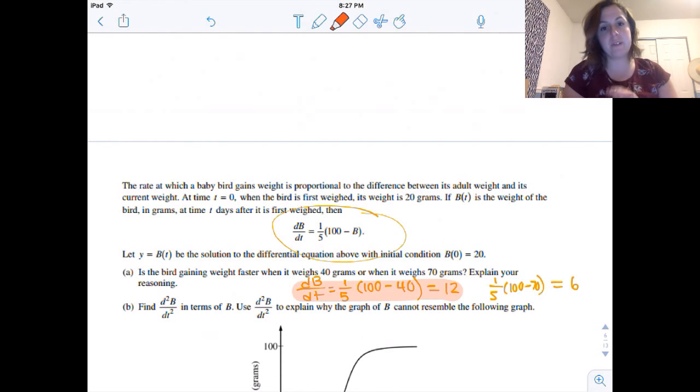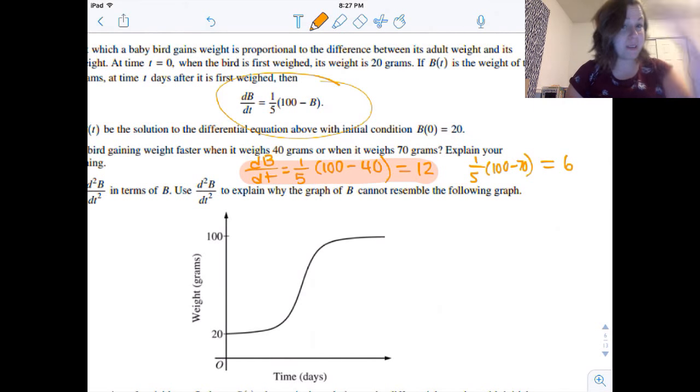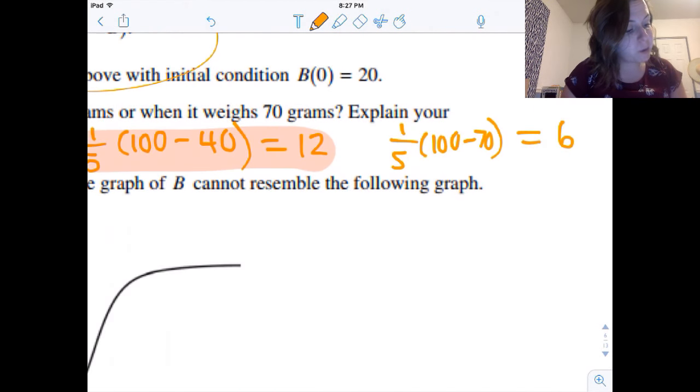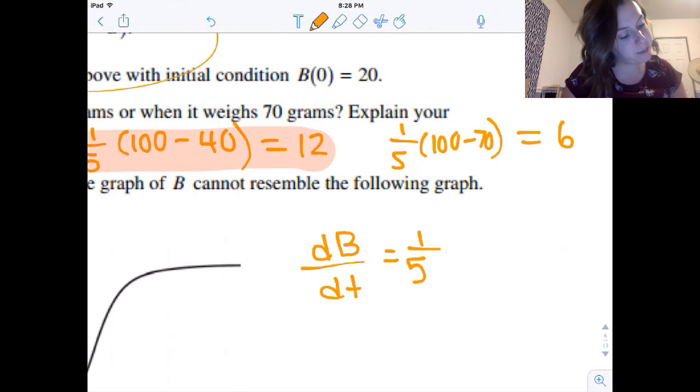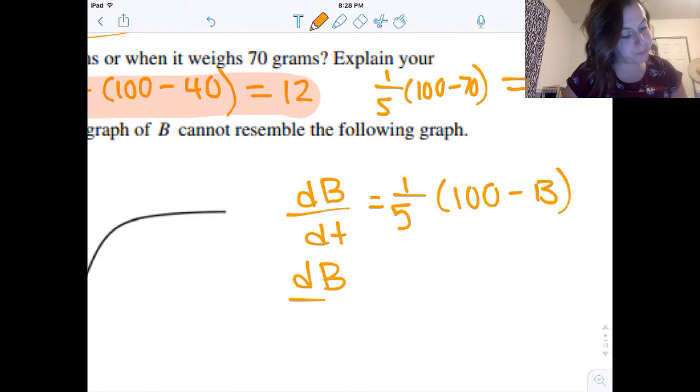All right, find the second derivative. Use this to explain why this cannot resemble the following. So here's what I'm going to do. I'm going to find it. So dB/dt is 1/5 times (100 minus B). Okay, that is 20 minus 1/5 B. And I want the derivative of that.